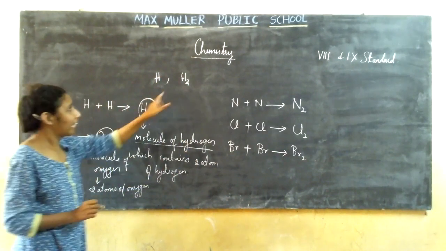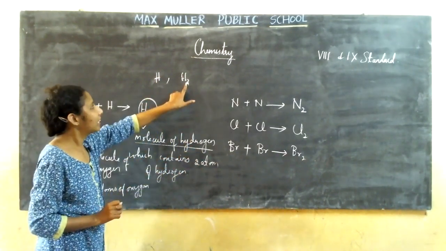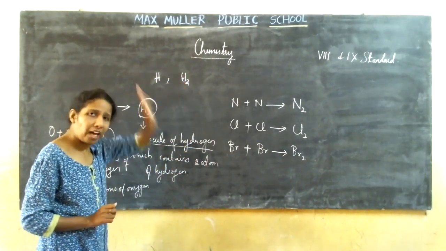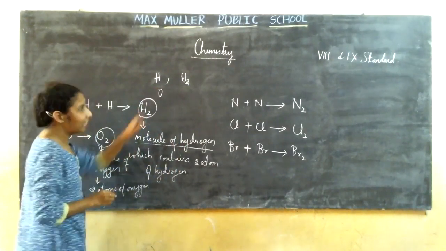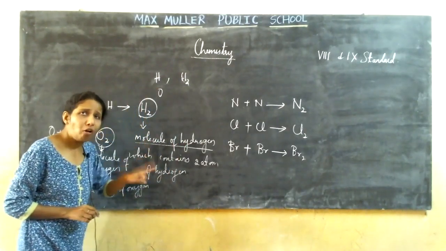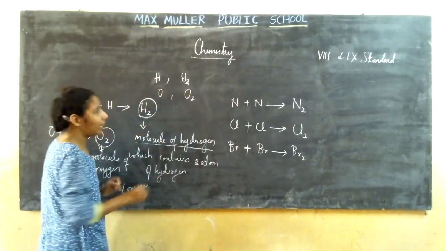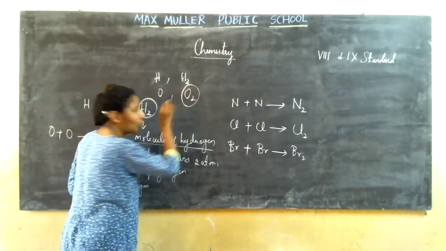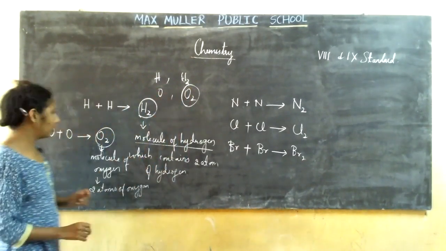But when I write H2, it represents a molecule of hydrogen which contains two atoms of hydrogen. Similarly, when I write O, it represents an atom of oxygen, and when I write O2, it represents a molecule of oxygen which contains two atoms of oxygen.